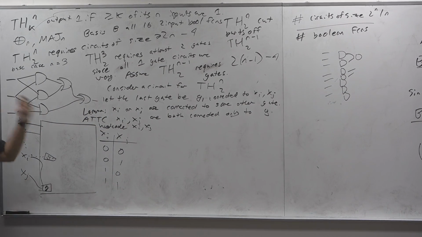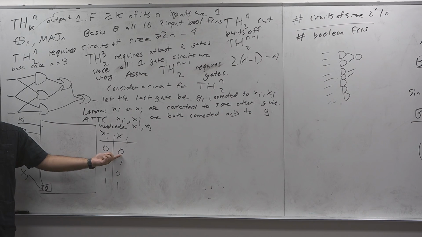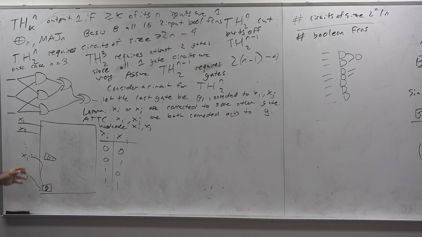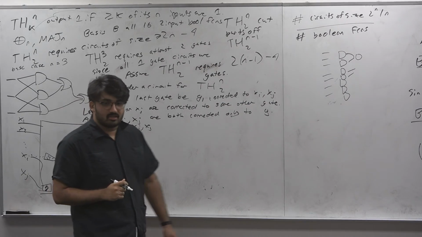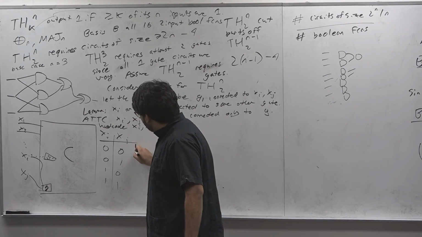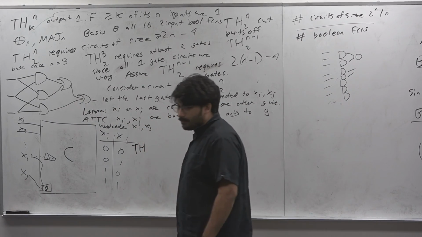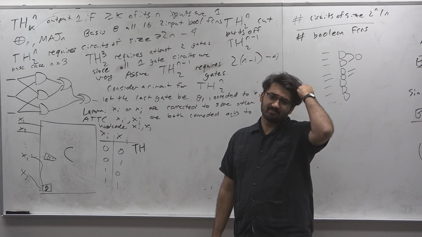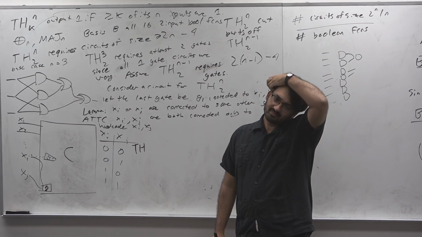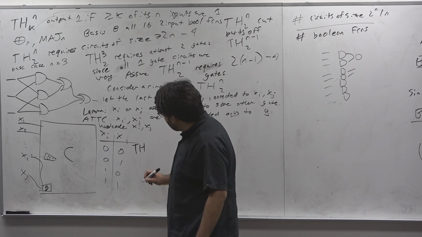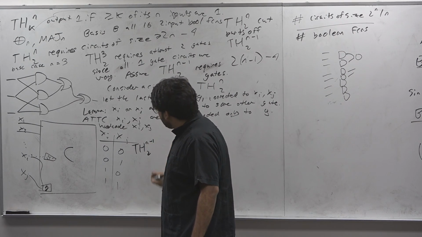If we fix Xi and Xj to be 0 and 0, this is still a circuit C that computes something. What Boolean function is computed if we fix 2 inputs to be 0? This is kind of an inductive step. I claim it computes a threshold function of what? 2 of n-2, yes. Okay.